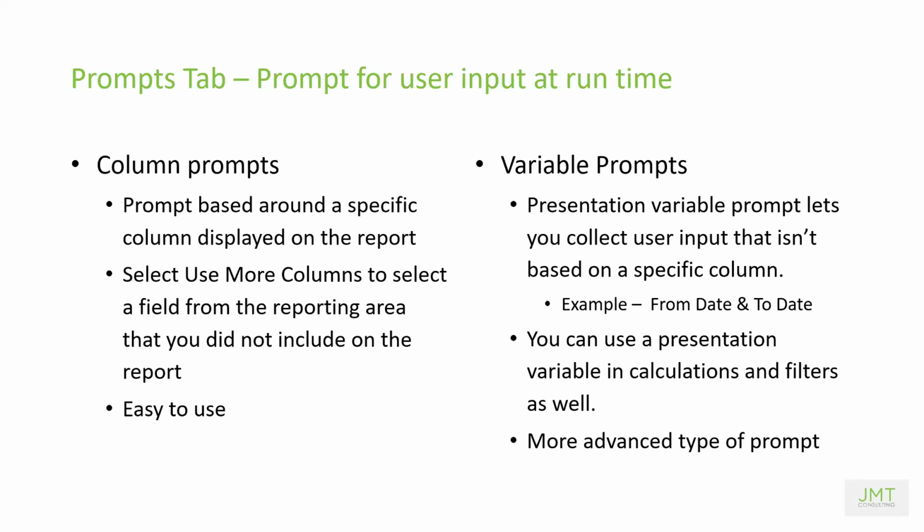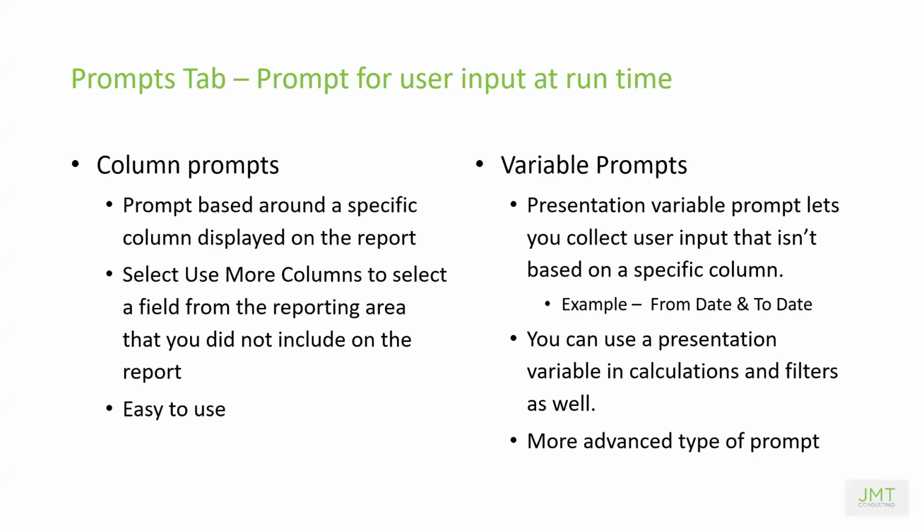So if we're pulling in our account and our posting date and our location and department, each of those columns you've pulled into your report can be one of the column prompts that are used for your users to select to only look at a specific department or a specific location or specific accounts or groups of accounts.